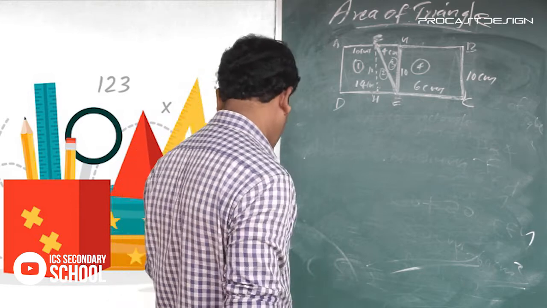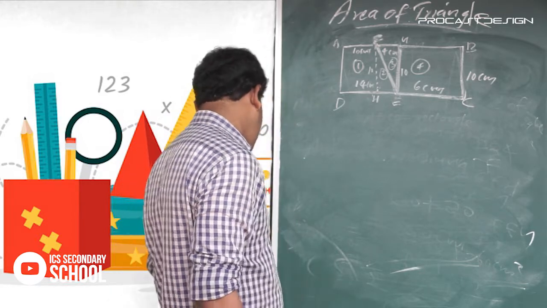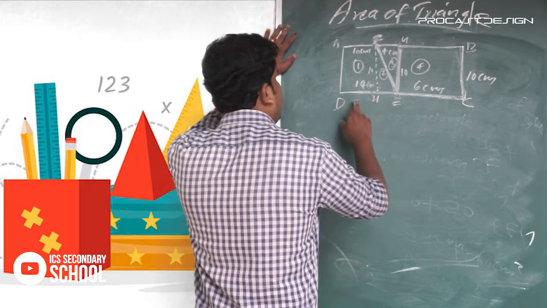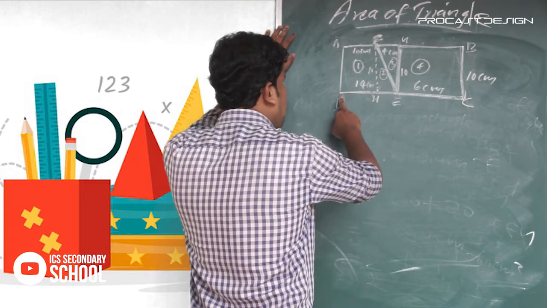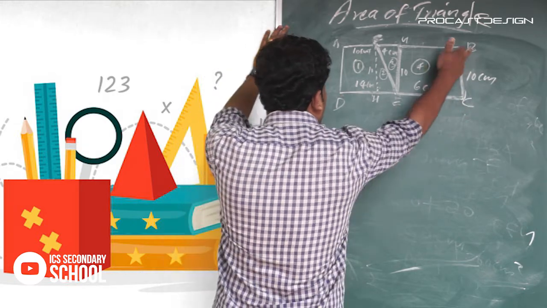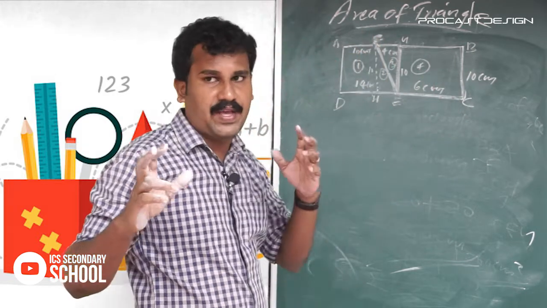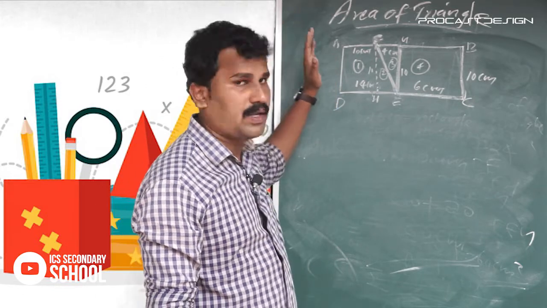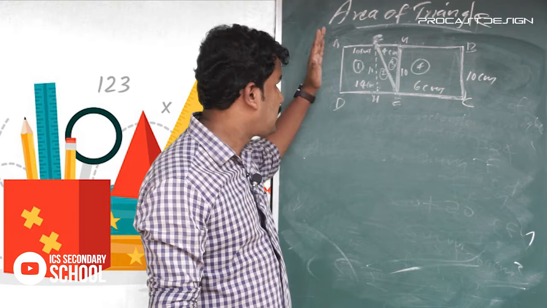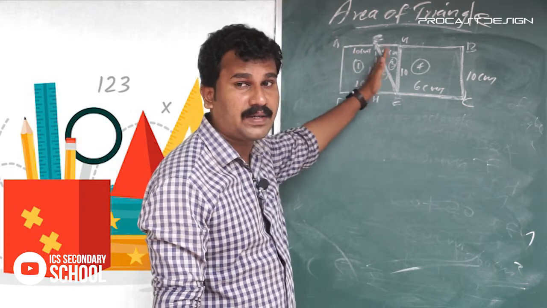The first trapezium is trapezium AFED. First we calculate the area of trapezium AFED, then next we calculate the area of trapezium ECBF. How do we calculate the trapezium area here? Area of rectangle plus area of right angle triangle.